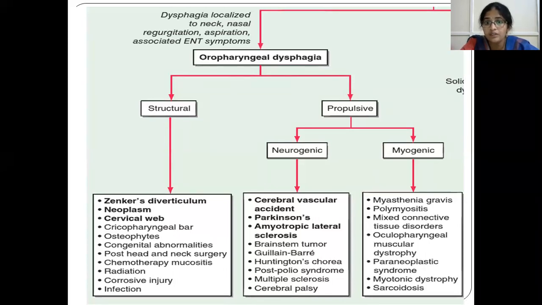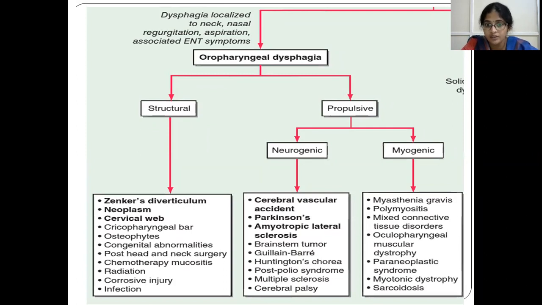Propulsive is again divided into neurogenic and myogenic. Propulsive dysphagia occurs with any problem within the CNS, neuromuscular junction problems, and muscle problems.